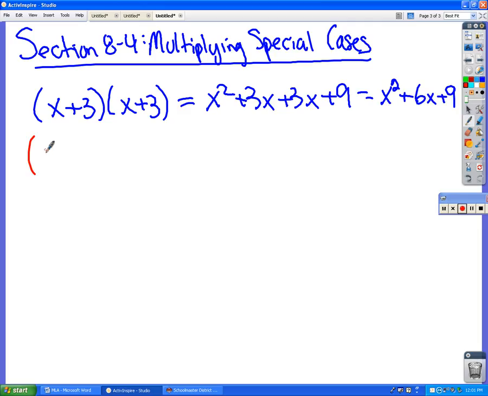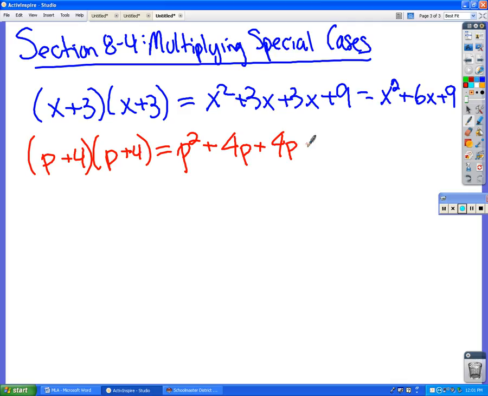Let's try another one. Let's go p plus 4 times p plus 4. Okay? So let's go around again. Let's FOIL it. First times first is p squared, plus 4p, plus 4p, plus 16.